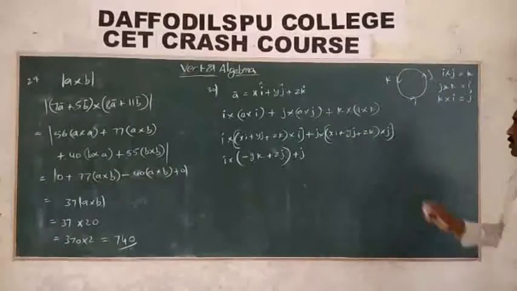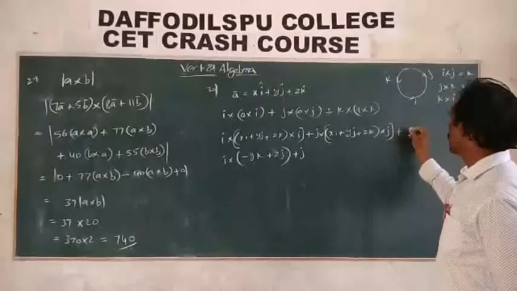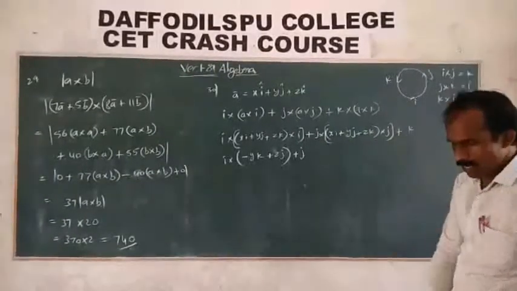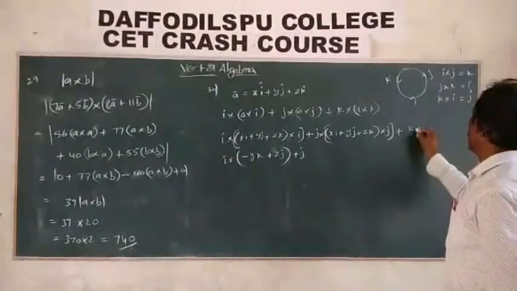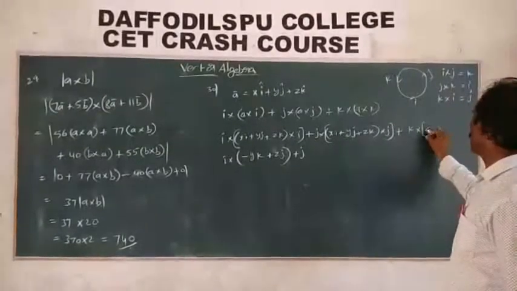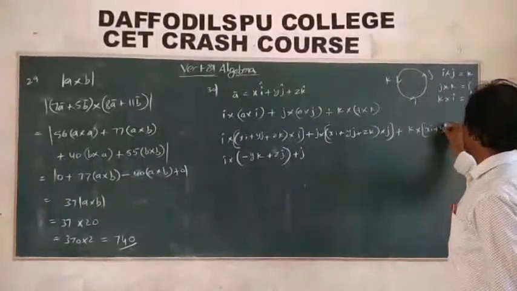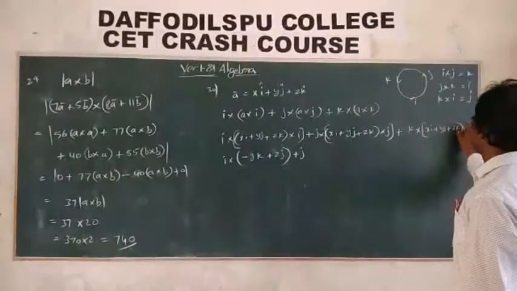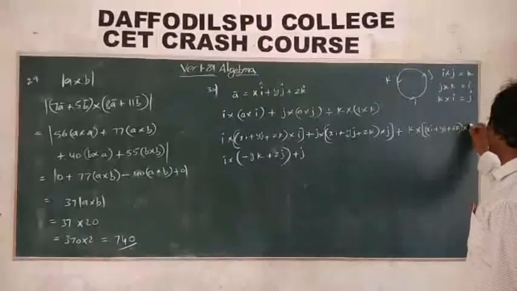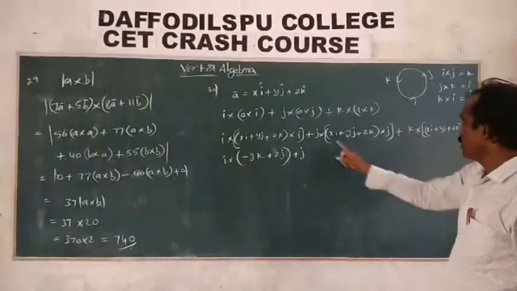Plus k cross (a), that means xi plus yj plus zk cross k.